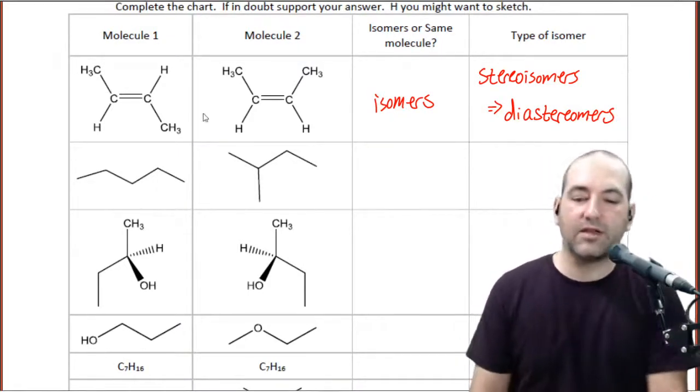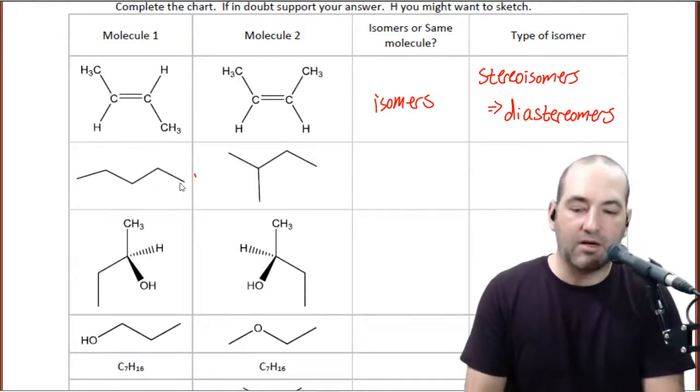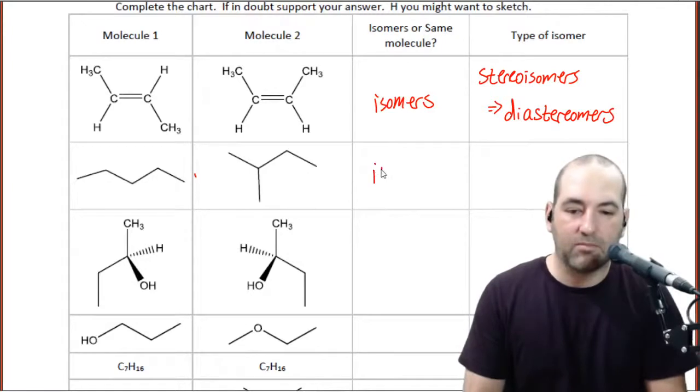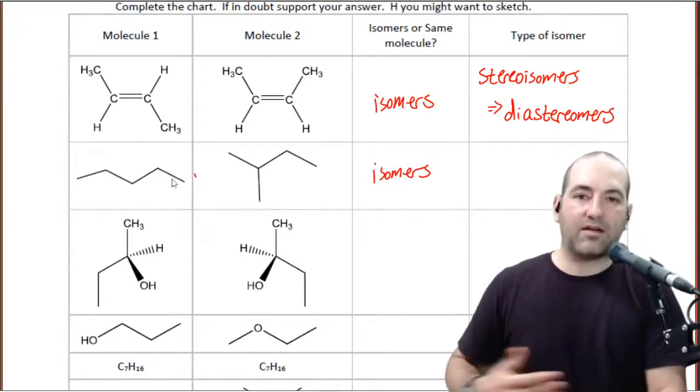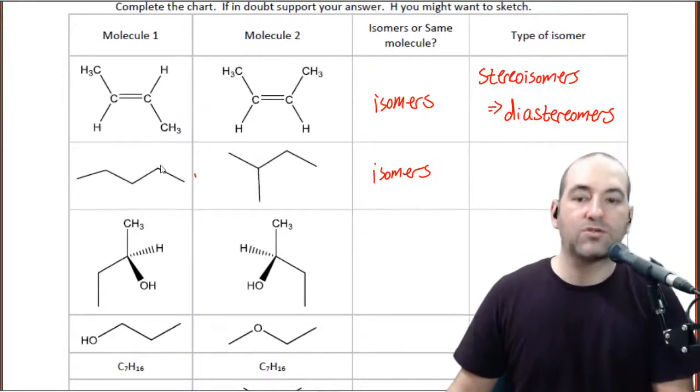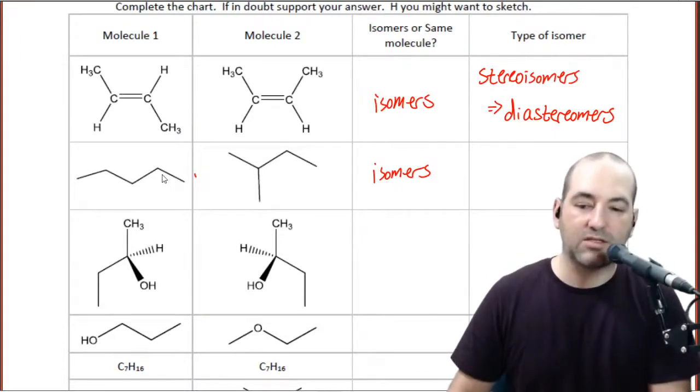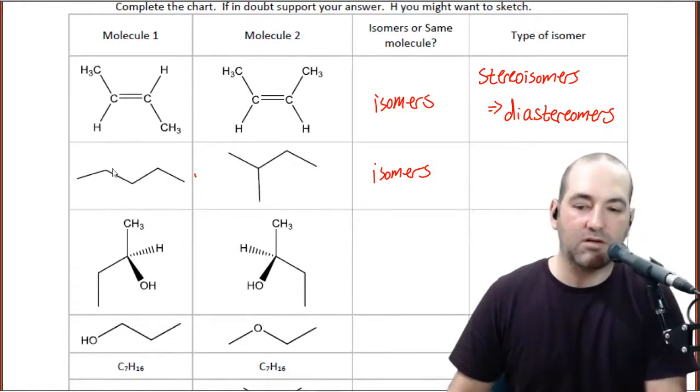All right, so moving down the list, the second one here, these are not the same. But now we have that kind of older, what we talked about before, we have structural isomers. So in this case, we have a line of 5 carbons with their hydrogens, so CH3, CH2, CH2, CH2, CH3. This one, CH3, CH2, CH3, and then another CH3 over here.